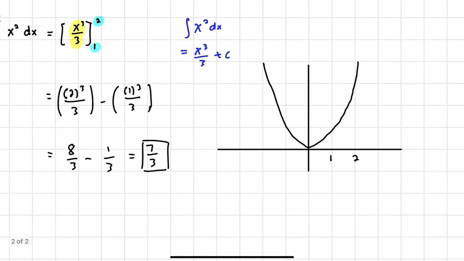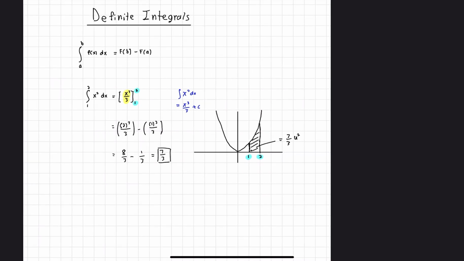So these are our bounds, 1 and 2. And then we want to find the area from here to here, this area. And this area here will be equal to 7 over 3 and whatever unit squared you have. And this is the intuition behind a definite integral.